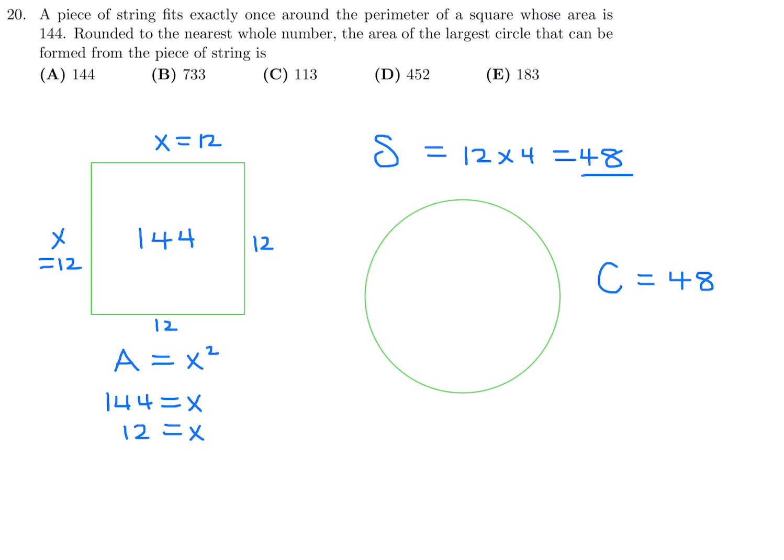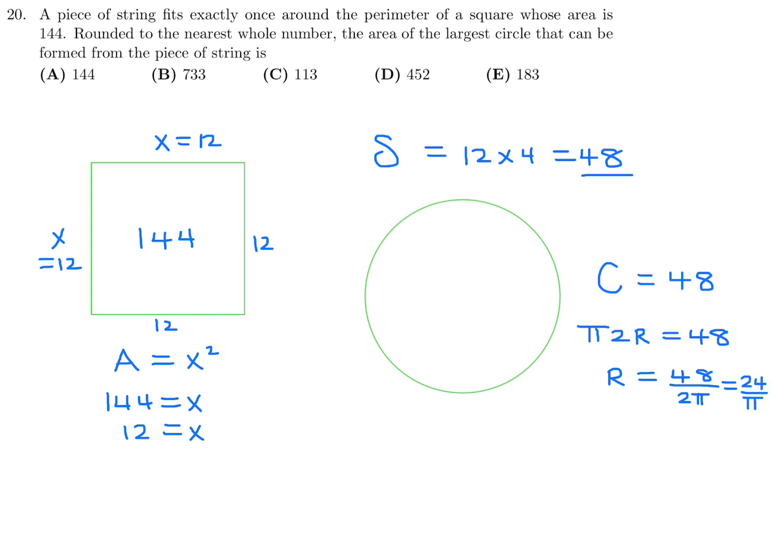The circumference of a circle is pi times diameter, or pi times 2 times the radius. So this allows me to figure out the radius. The radius is going to be 48 over 2 pi, or 24 over pi.